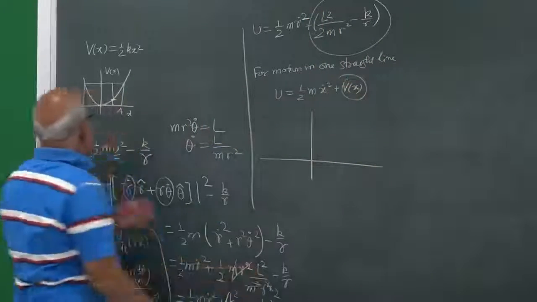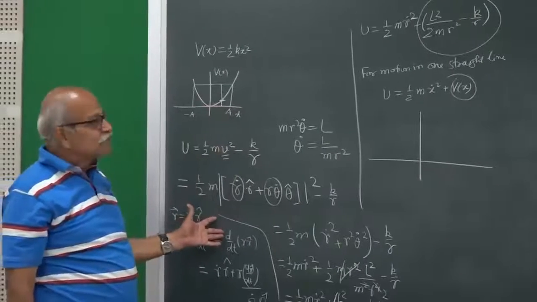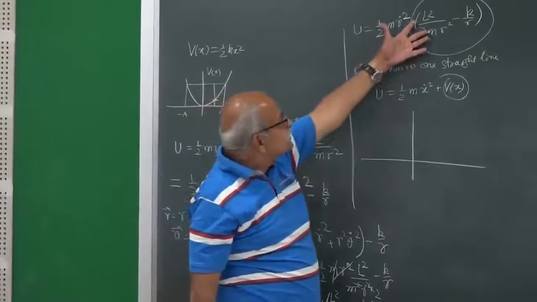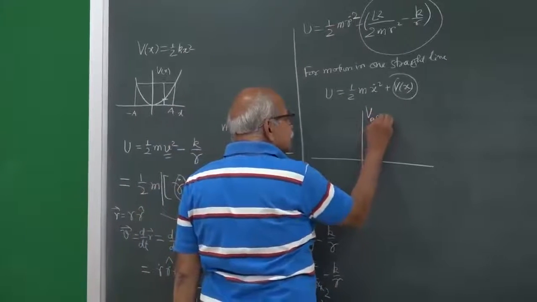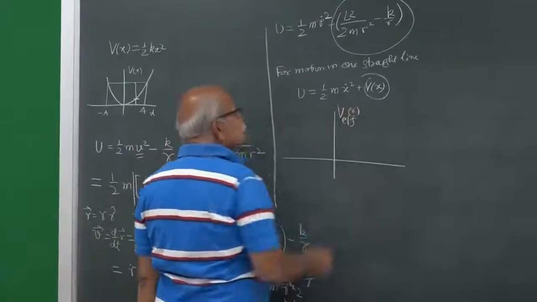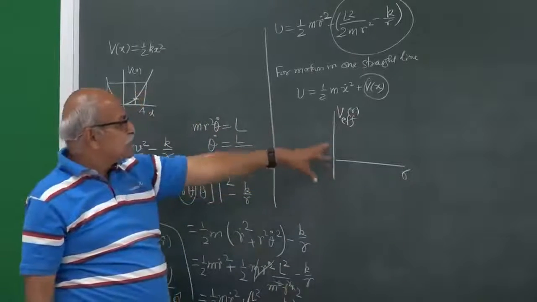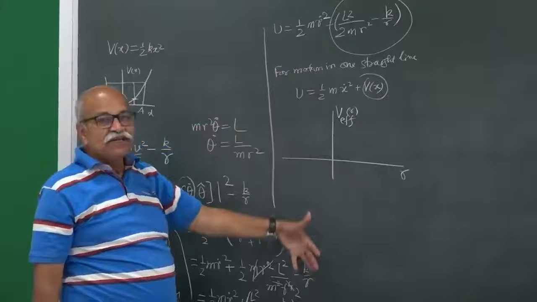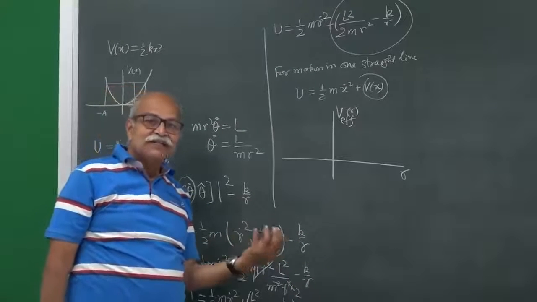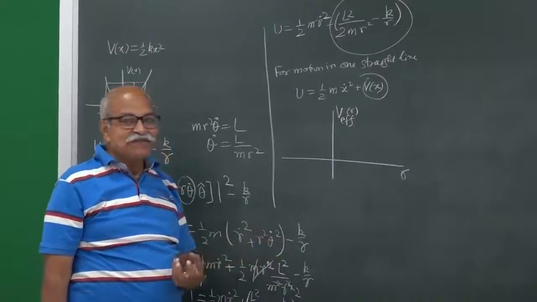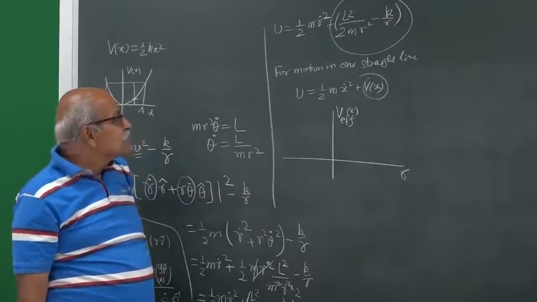Here we plotted this V of x and derived the equations. Here we plot this quantity which we call V effective as a function of r, and from this we can derive several pieces of information about the inverse square attractive motion of a particle. Okay, so how do I plot this?